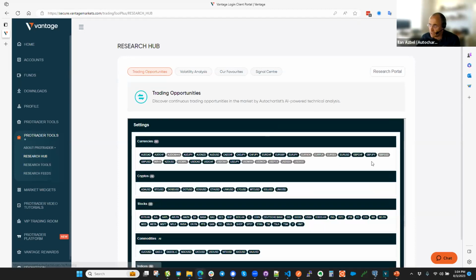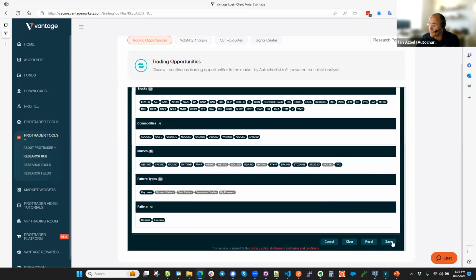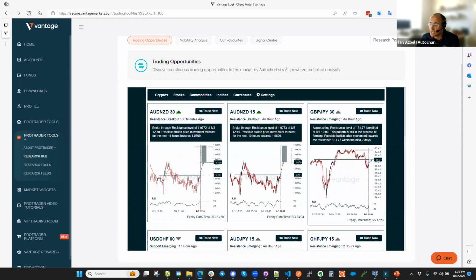In general, if I look at the search criteria, the easiest ones to trade are the key levels patterns, right? Those are these horizontal levels. I did mention last week that breakouts provide you a target region, but the emerging patterns don't provide a target region.